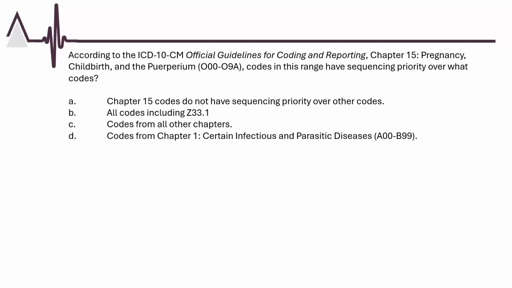According to the ICD-10-CM official guidelines for coding and reporting, Chapter 15, Pregnancy, Childbirth, and the Puerperium, codes in this range have sequencing priority over what codes? Our choices are A, Chapter 15 codes do not have sequencing priority over other codes; B, all codes including Z33.1; C, codes from all other chapters; or D, codes from Chapter 1, certain infectious and parasitic diseases.